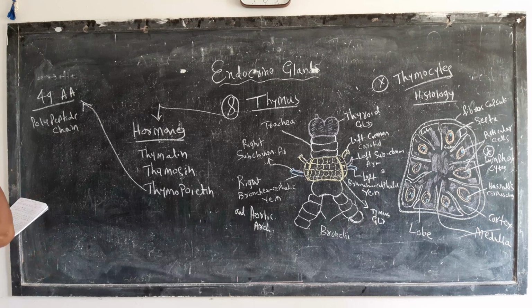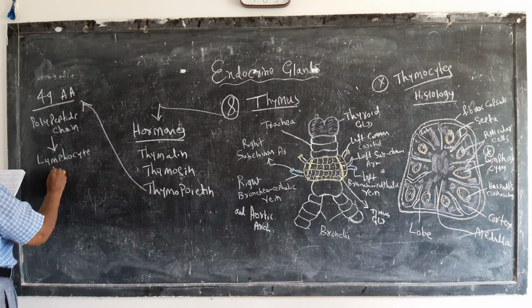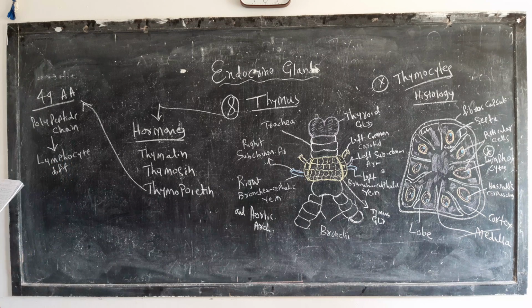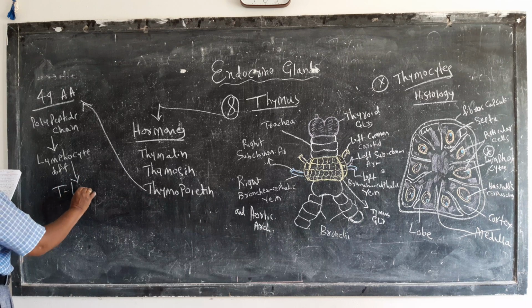It has an effect on lymphocyte differentiation. It means alpha, beta and delta cells are differentiated by this polypeptide chain of 49 amino acids, that is thymopoietin, and it differentiates the lymphocytes into T lymphocytes.